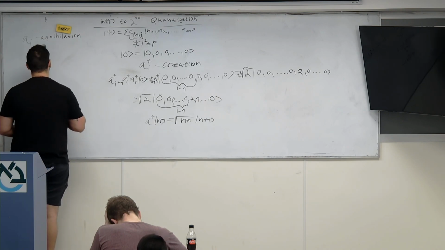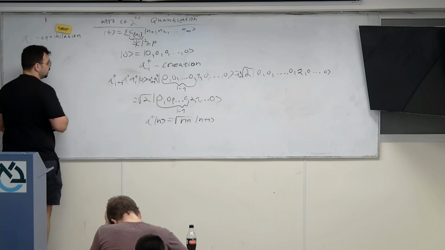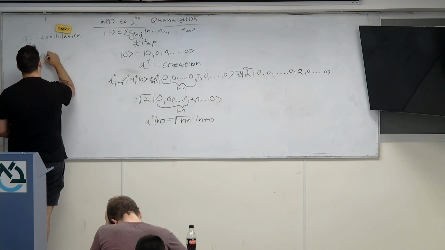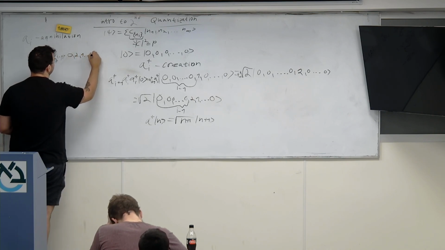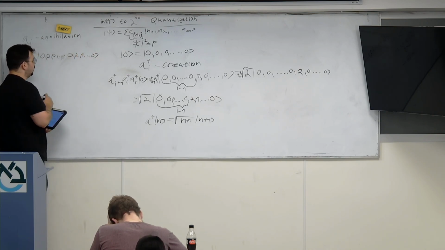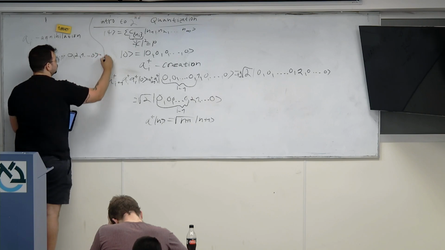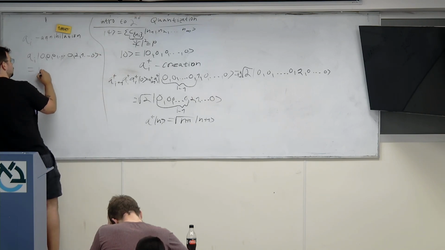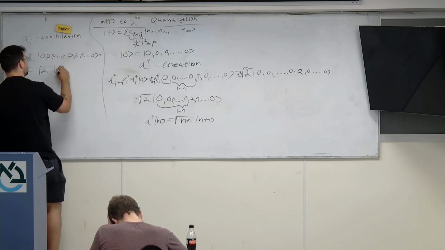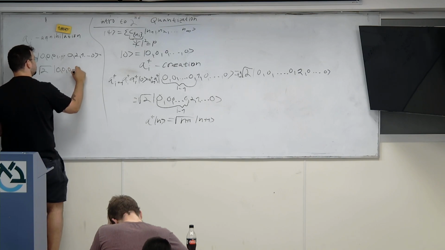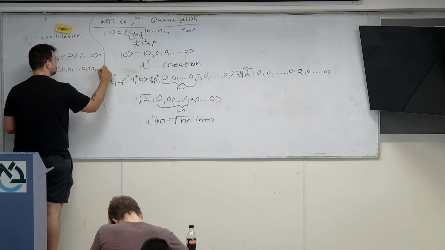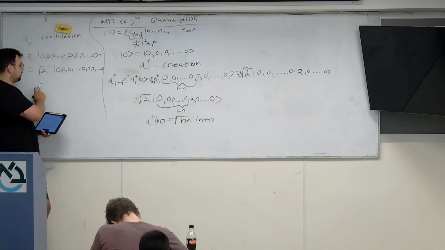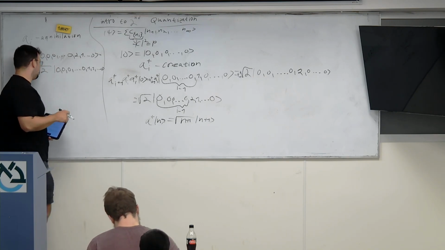If I want to use the annihilation operator at place i, this will equal square root of 2 times the lowered state. Again, there's some normalization factor here.